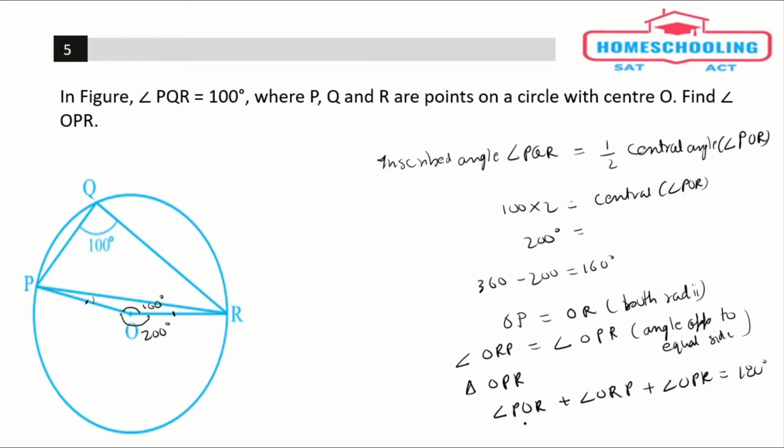As we know, angle POR is 160 and both the other angles are the same, so 2x plus 160 equals 180. So 2x is 20, and x is equal to 10. So angle ORP and angle OPR are both 10 degrees each. So the answer, angle OPR, is equal to 10 degrees.